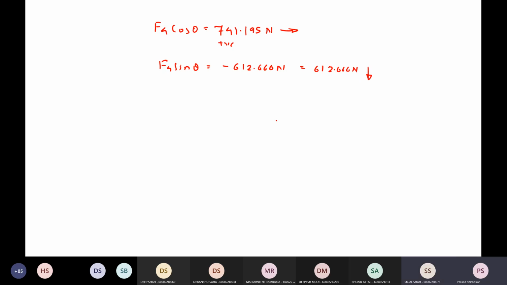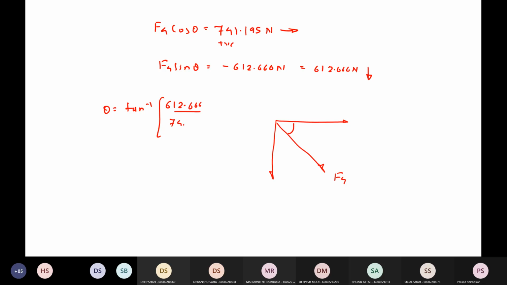Okay. So your F4 is in the fourth quarter. And theta will be tan inverse of 612.666 divided by 741.195 newton.